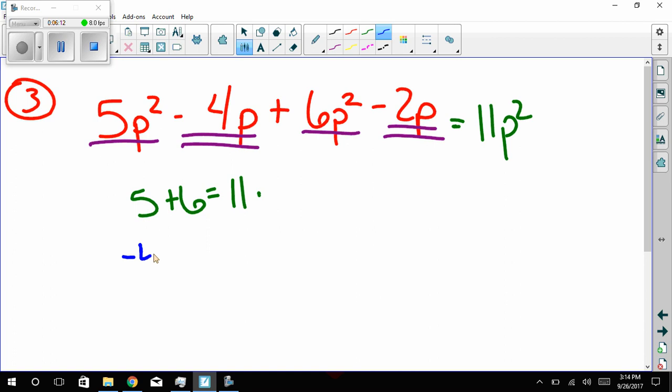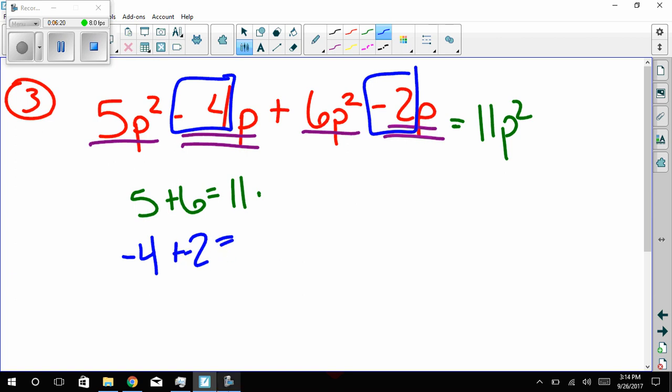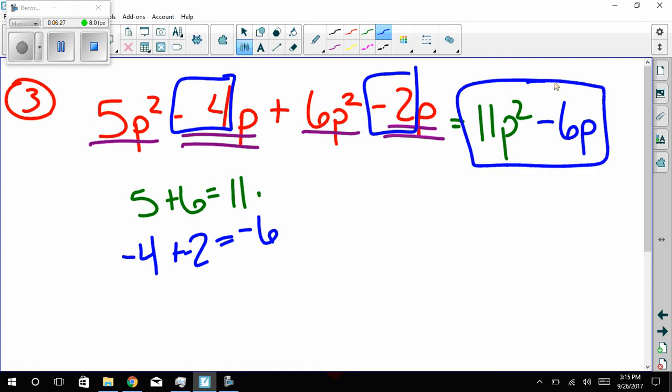That's going to be negative 4, because notice the negative was with the 4, and also minus 2. Okay, change idea. It's going to be negative 6. So then we're going to get minus 6p. And that is going to be my solution. I can't put the last two together because I have a p squared and a p, and those are not the same thing. So they have to stay separate.